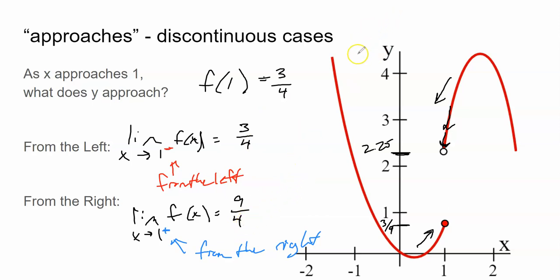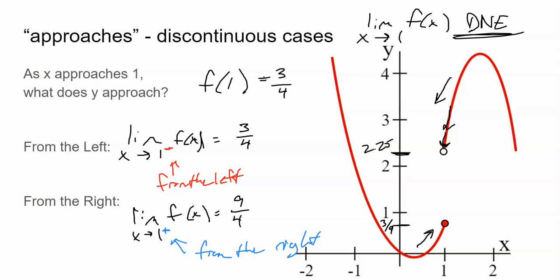Since they don't end up at the same point from the left and the right, we say that the limit as x approaches 1 overall of this function does not exist. DNE. So when we approach from the left, we might find a value. When we approach from the right, we might find a value. But in order for the actual limit to exist overall, they need to be the same. And if they're not, then the limit doesn't exist.